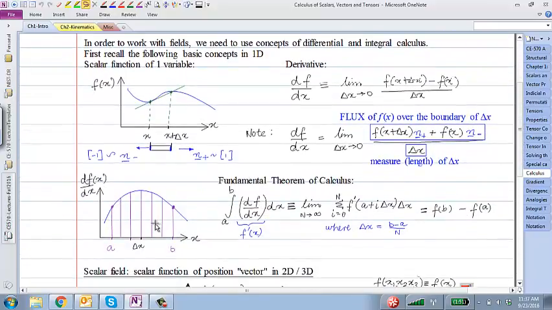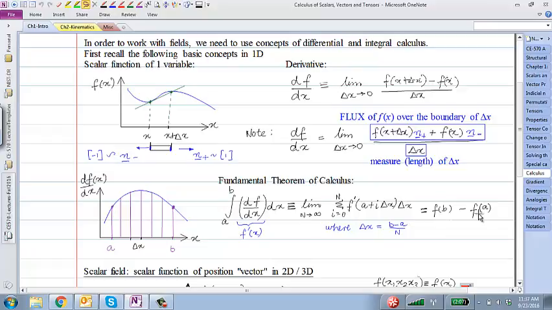And the reverse process is integration. If I have the derivative of some field f, if I integrate it between a and b, assuming that derivative is continuous, then what I get is that the value of that integral is equal to the function value at its boundaries themselves.